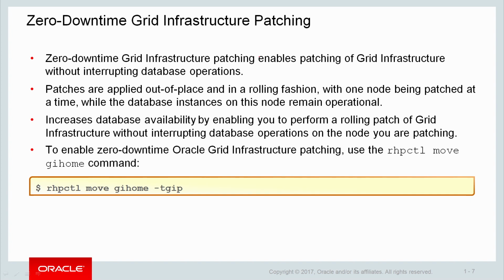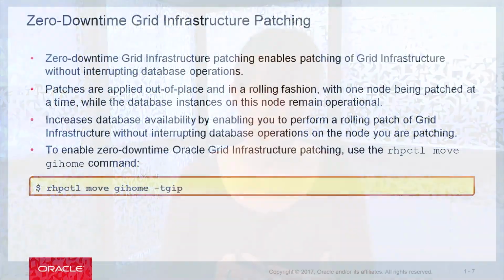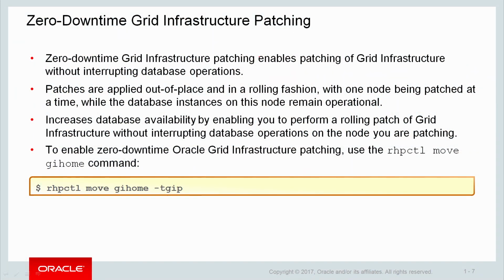affect some of our performance and availability because you're shutting down the Oracle database instances on the node that you are patching. If you are able to use RHP-CTL, you can actually patch without having to shut down the database instances, the services.